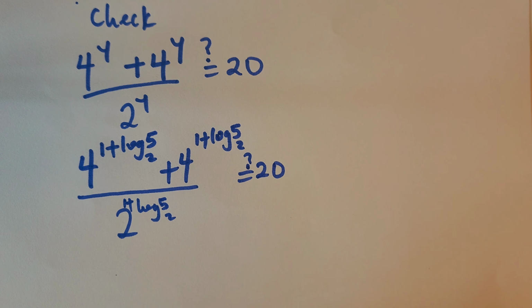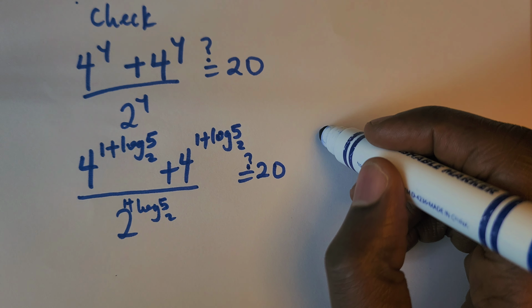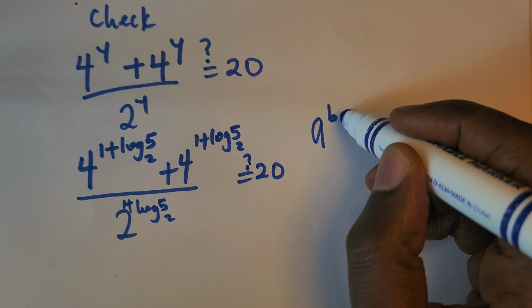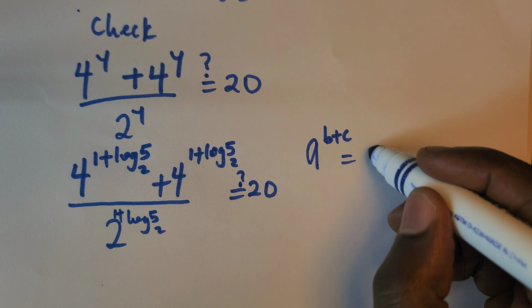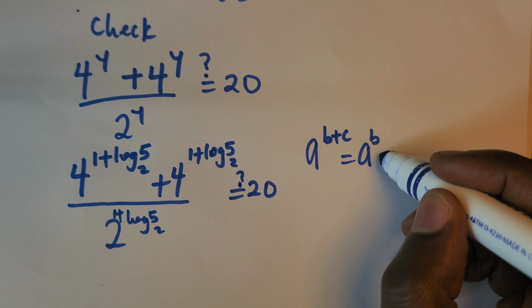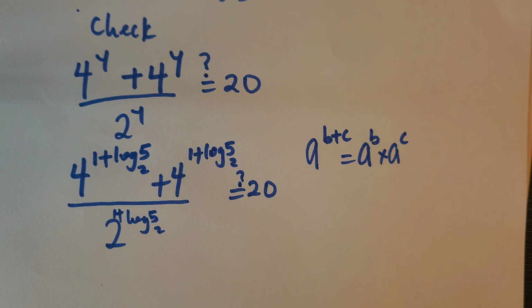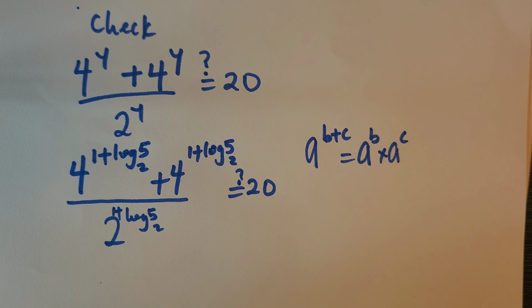Now, from here, using the law of indices, when you have a to the power of b plus c, mathematically it is safe to say this is a to the power of b times a to the power of c. I'll be using the same logic to solve this.